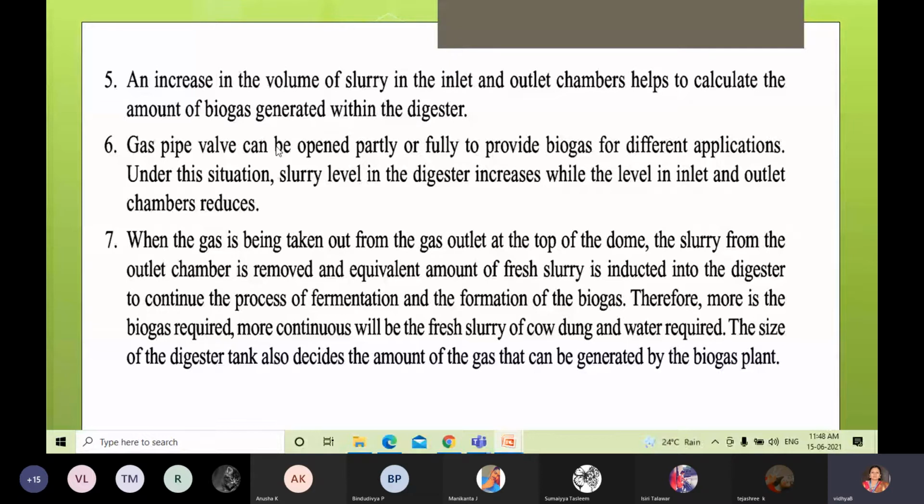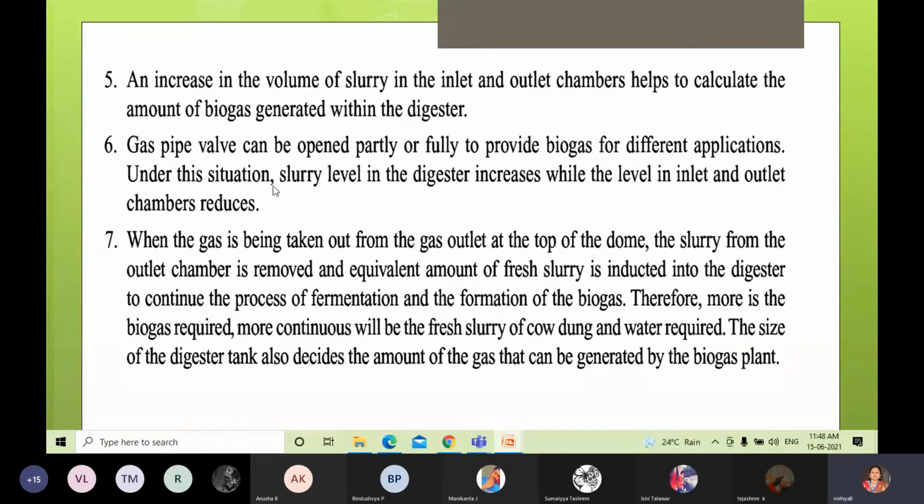The gas pipe valve can be opened partly or fully to provide biogas for different applications. Under these situations, the slurry level in the digester increases while the level in the inlet and outlet chamber reduces.